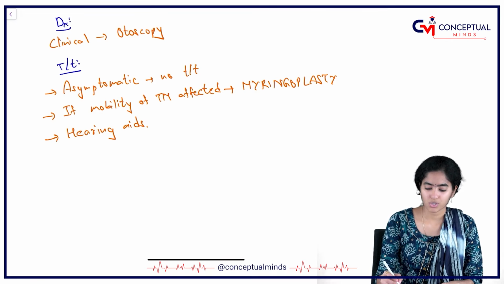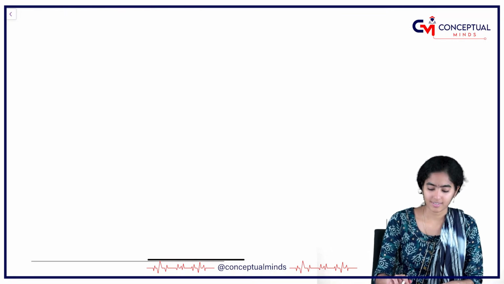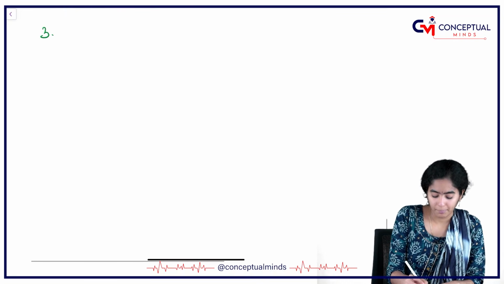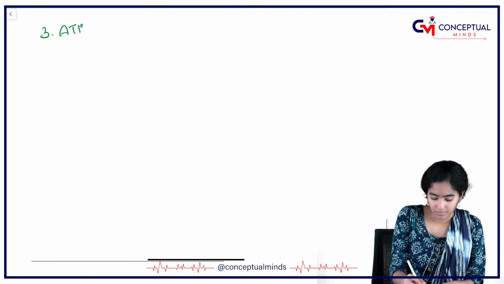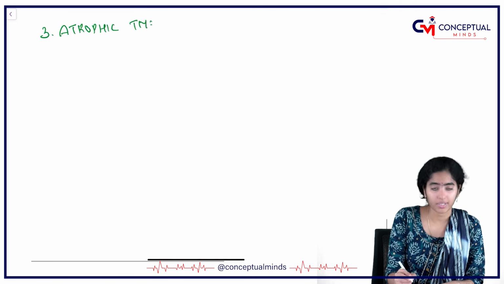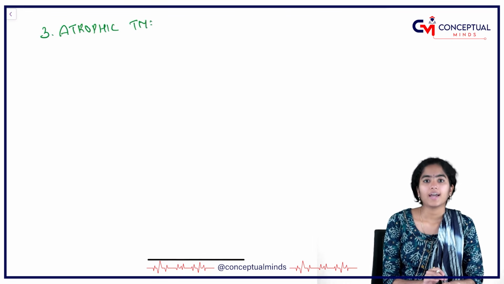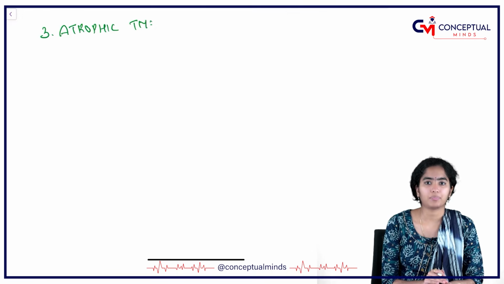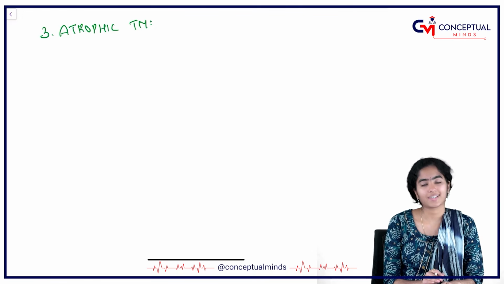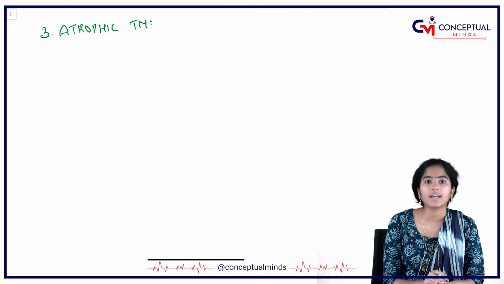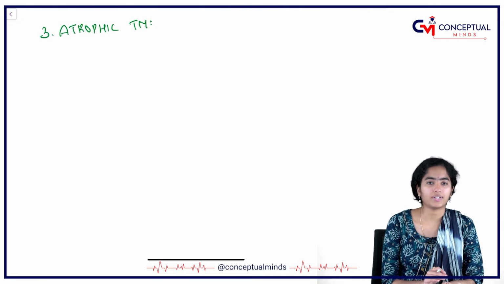The next disorder in our list is atrophic tympanic membrane. What is an atrophic tympanic membrane? A normal tympanic membrane has 3 layers. If at all the middle fibrous layer is absent or it is damaged and destroyed, then we call it an atrophic type of tympanic membrane.